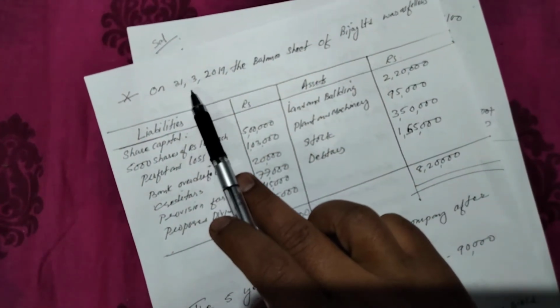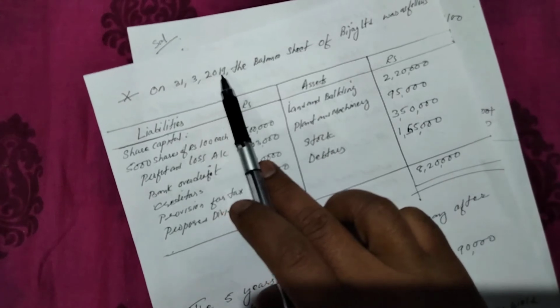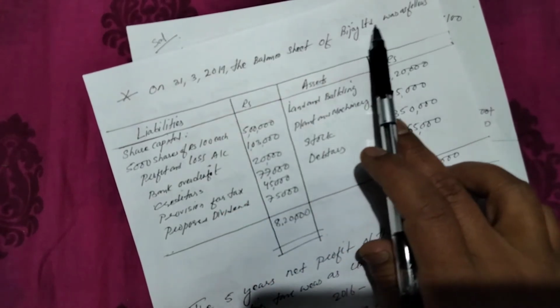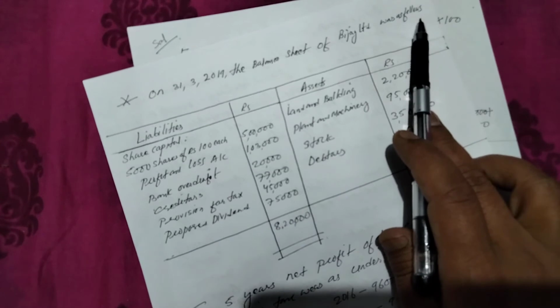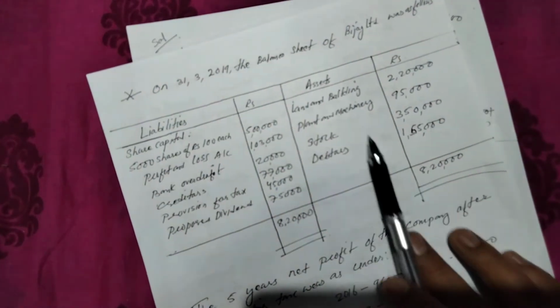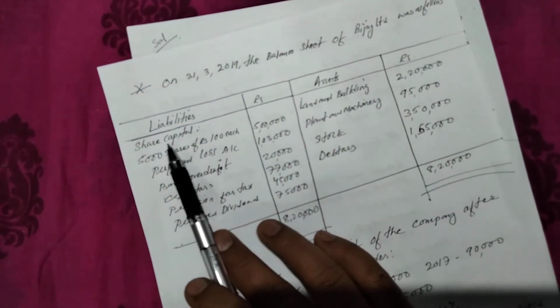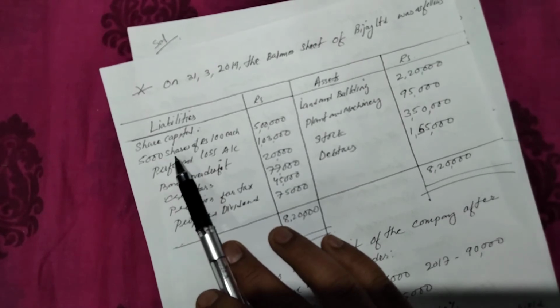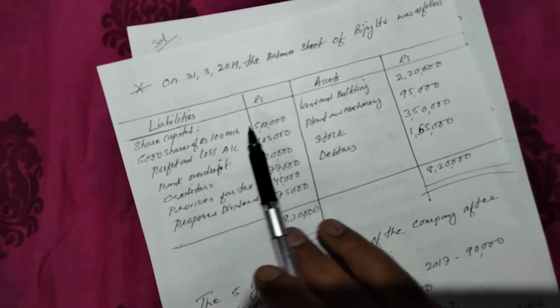On 31st March 2019 the balance sheet of Vijay Limited was as follows. Liabilities and assets are given. There are 5,000 shares of rupees 10 each, that is 5 lakh.